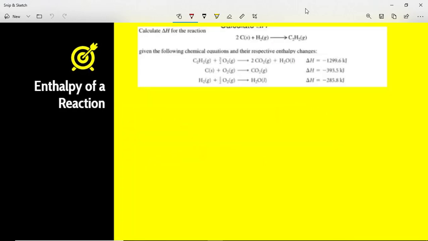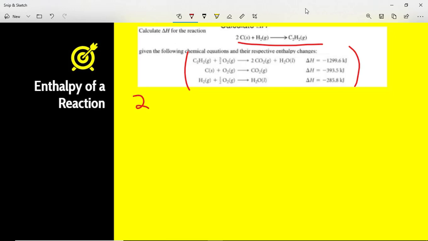So for this problem, we're going to follow the exact same steps here. We need to get this equation here, and we're going to use these respective enthalpy changes down below. Now, if I look at the first part here, I need 2 carbons on my reactant side. Well, I'm only given the enthalpy of carbon plus O2 to yield CO2. So in this instance, I'm going to multiply that by 2.